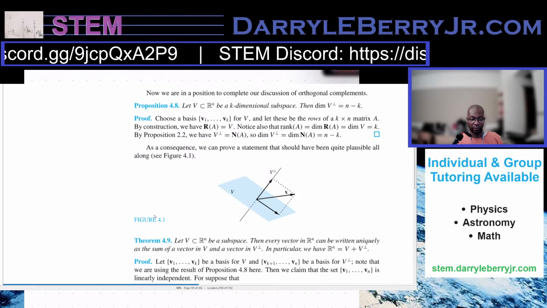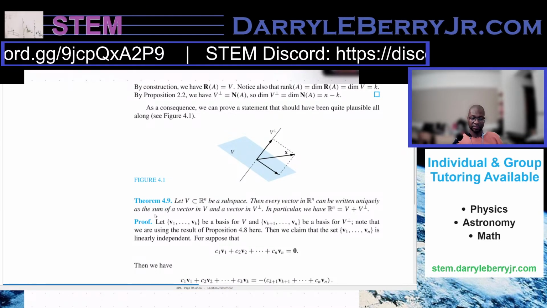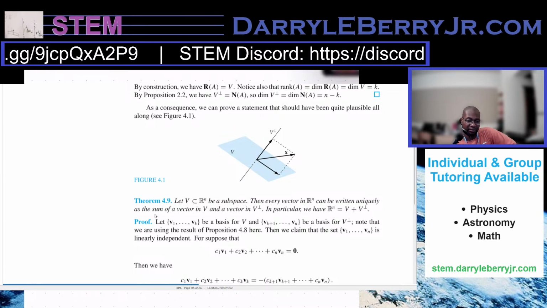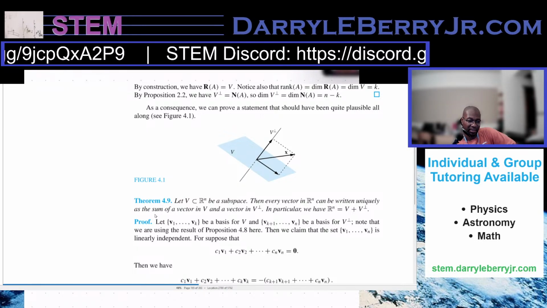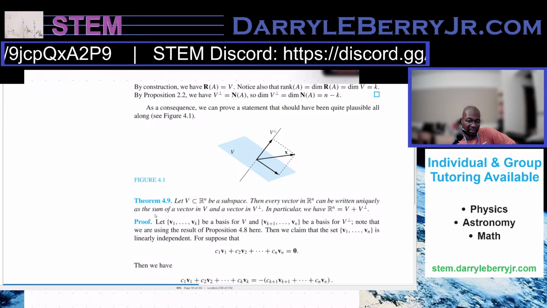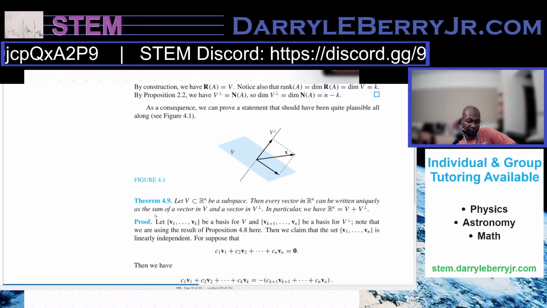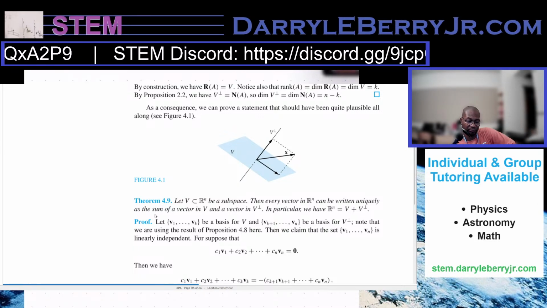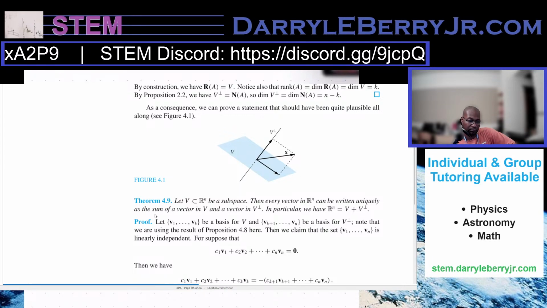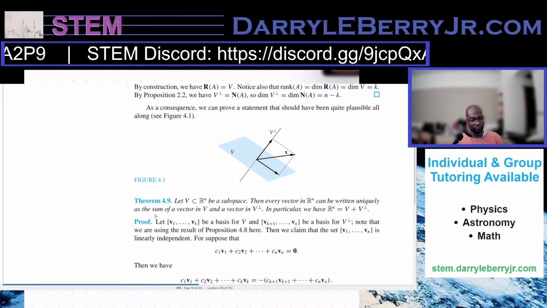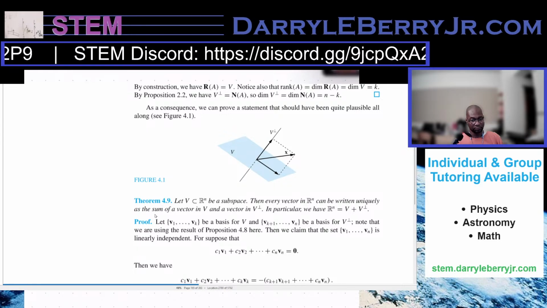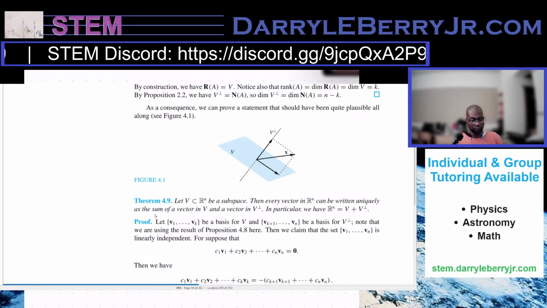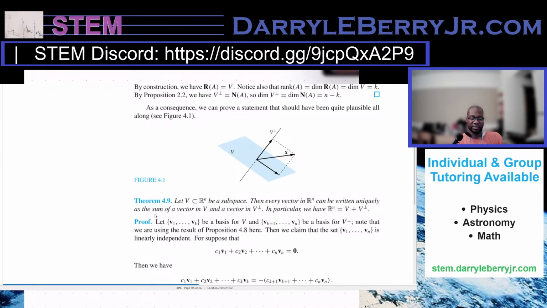So it goes to theorem 4.9: let V be a subspace of Rn. Then every vector in Rn can be written uniquely as the sum of a vector in V and a vector in V perpendicular. In particular, we have Rn equals V plus V perpendicular. So V is a subspace of Rn.